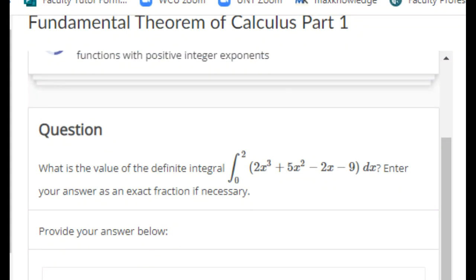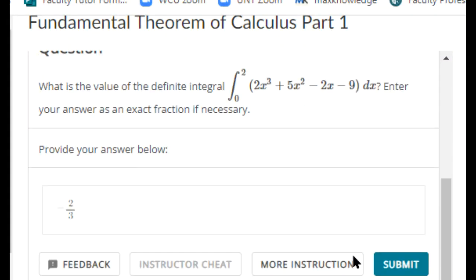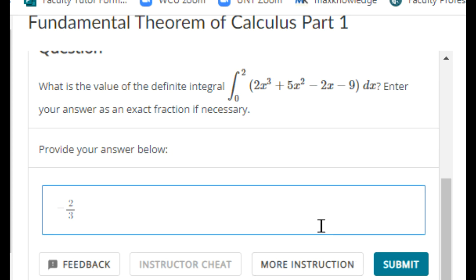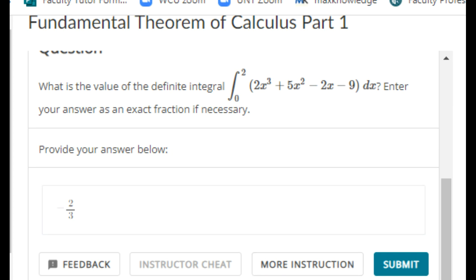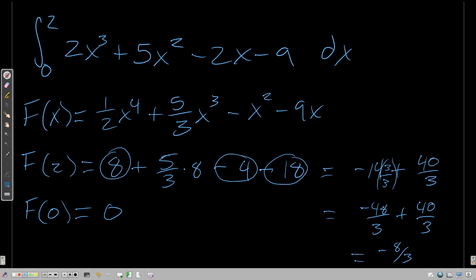And wouldn't you know, there's another problem here. They get minus 2/3. So let me back up. What did I goof up here? 3 times 14 is not 48, it's 42. That's the problem. Most of the time what's going to happen is you're going to have a problem with your arithmetic.